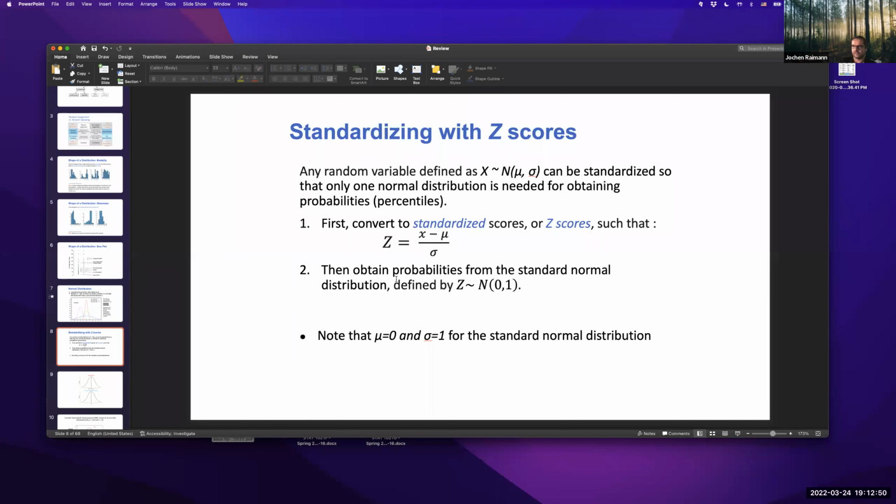Understand how to standardize. Every score on your normal distribution can be standardized by the computation of z scores, where you standardize the distance of each score from the mean, using the number of standard deviations as the metric of distance.